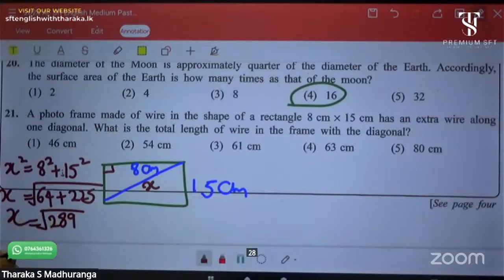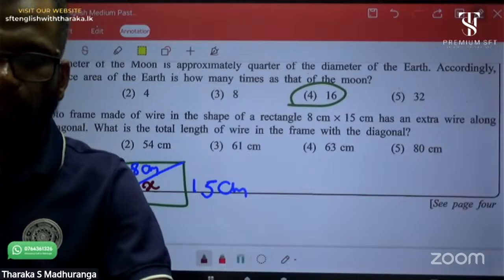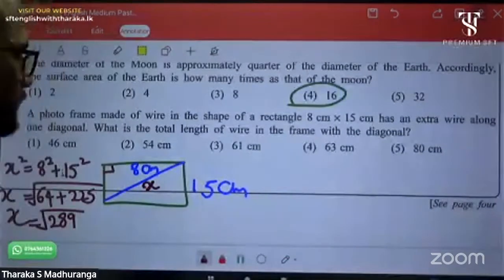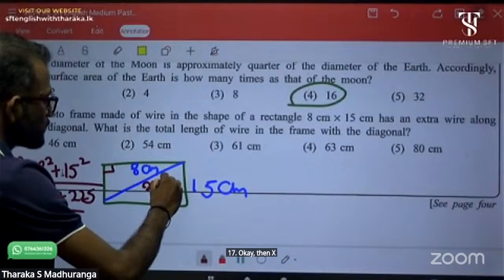Square root of 289, what's the answer? It is 17. Okay, then x equals 17.